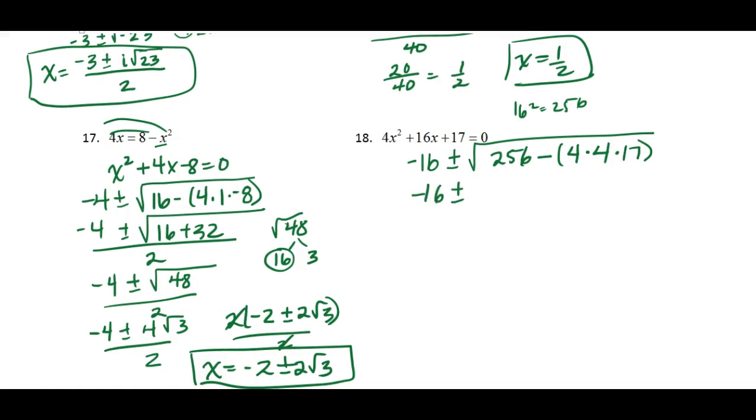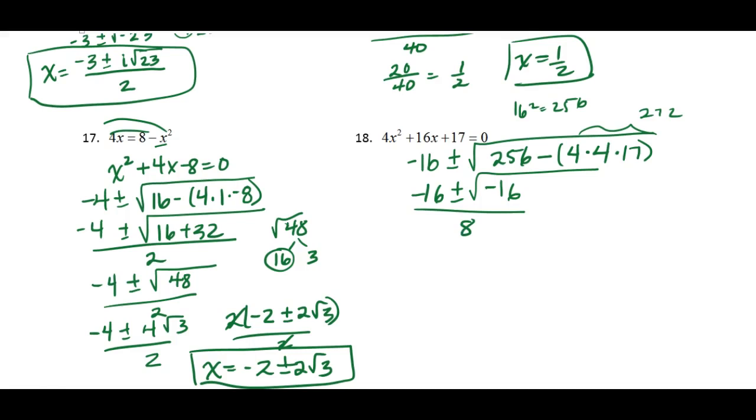So if I put that in my calculator, I get 256 minus 4 times 4 times 17, which all of that is 272. So if I subtract them, I get negative 16 in here. Divided by 2a, well, 2 times 4 is 8.